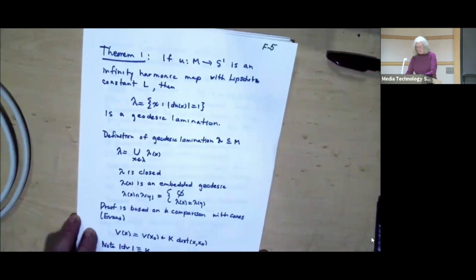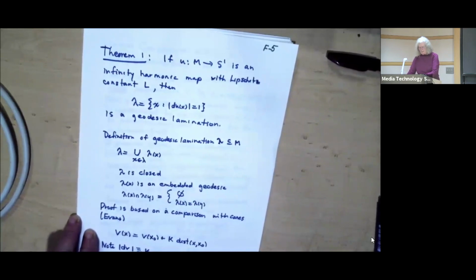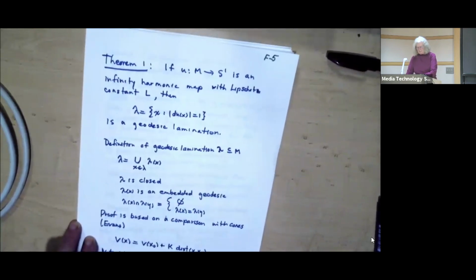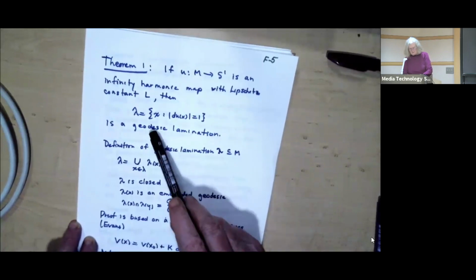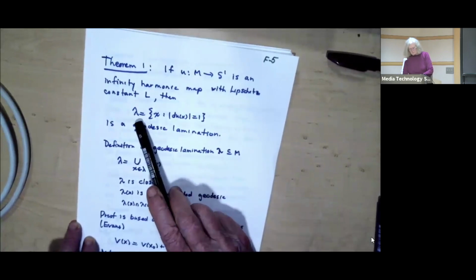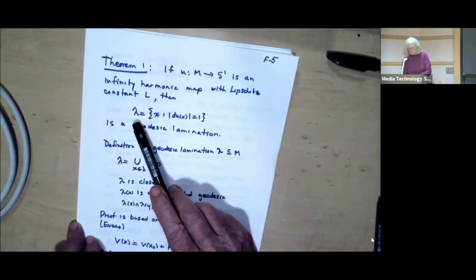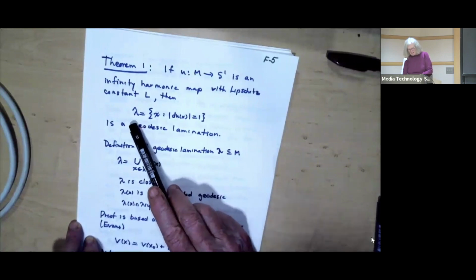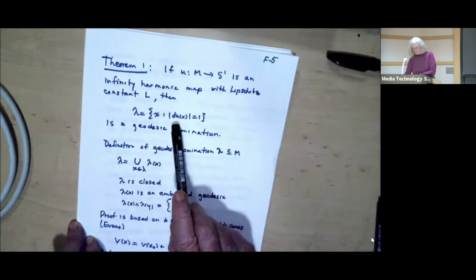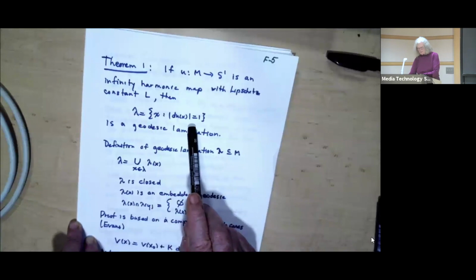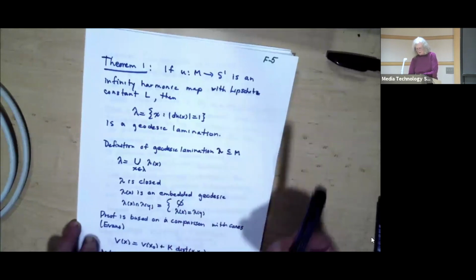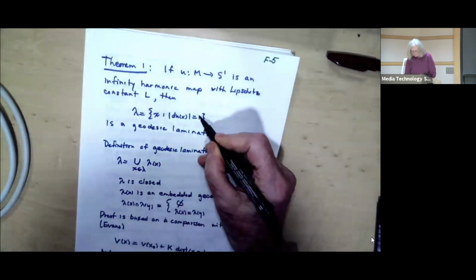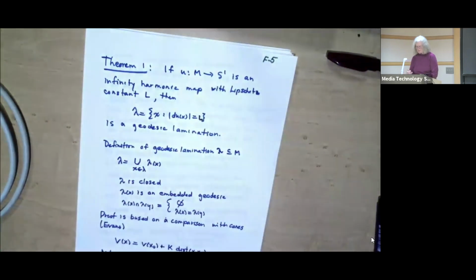So if u is a map from M to S1 that is an infinity harmonic map with Lipschitz constant L, then the set lambda, which is sort of an unfortunate term because lambda is used for eigenvalues and so many other things, but anyway, lambda, which is the set of x on which the best Lipschitz constant is achieved, equal to L, is a geodesic lamination.